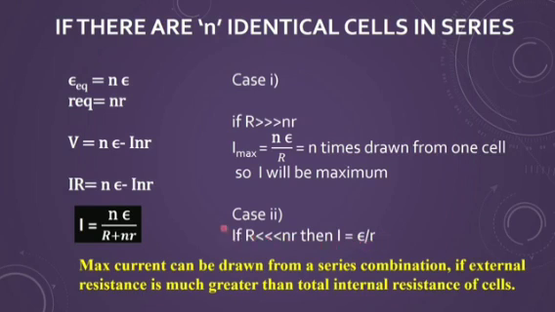So there is no use in putting the external resistance value less. This will be of importance only when the external resistance is much greater than the total internal resistance of the cells; only then will the series combination be of some use for you.